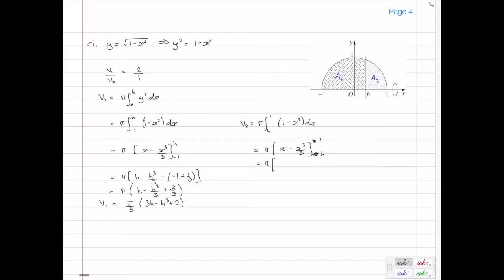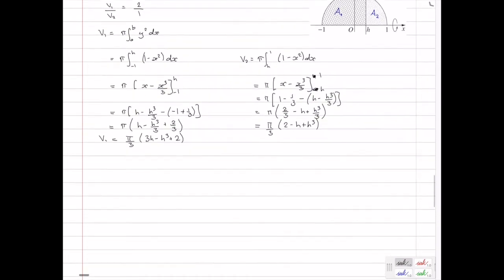Okay, so subbing in 1 first, I should say. 1 minus 1/3 minus, subbing in h gives us h minus h cubed on 3. So this is pi times 2/3 minus h plus h cubed on 3. Okay, it's just algebra, and again we'll make a common denominator. Pi on 3 at the front, this will be 2 minus h plus h cubed.